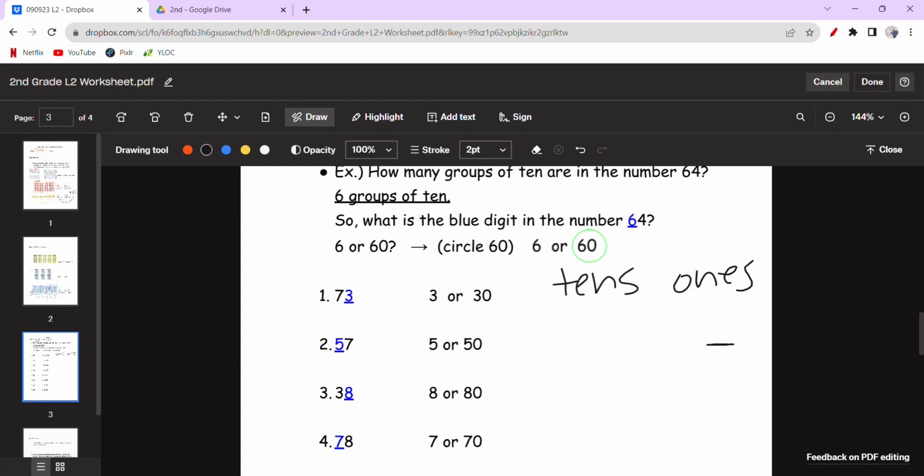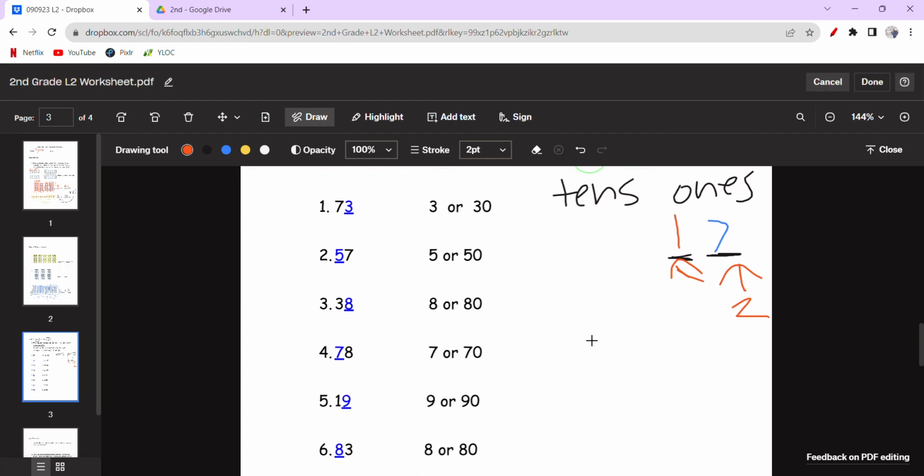So the ones place will be right here, right? Let's say our number is 7. But if we have a number called 17, it would be different. It would go after. So then this would be the first digit, and then this would be the second digit. Okay, so if we look here, let's do a couple of examples.